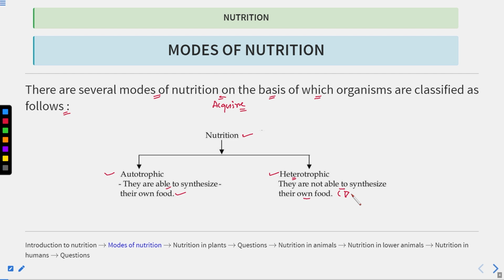They depend on other organisms for nutrition. These are known as heterotrophic organisms.